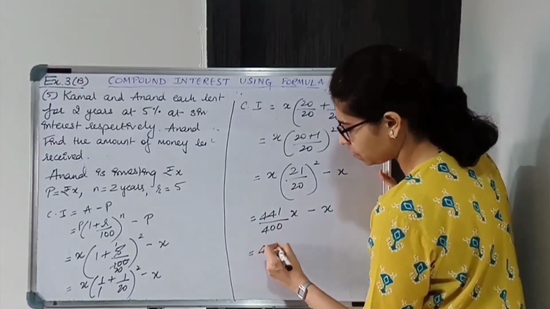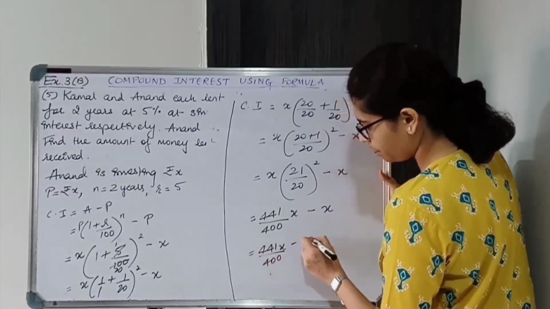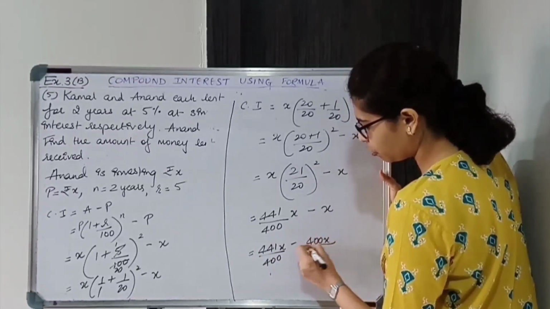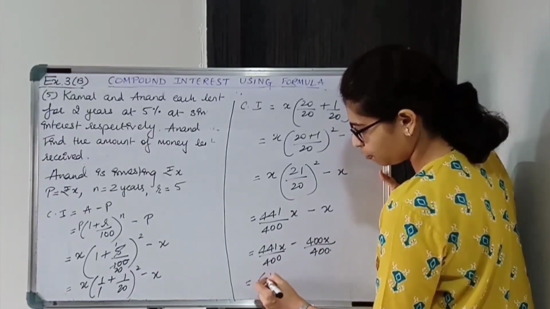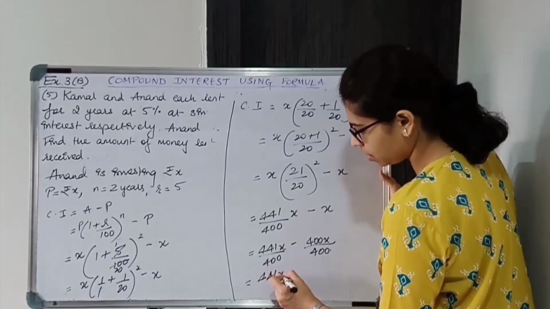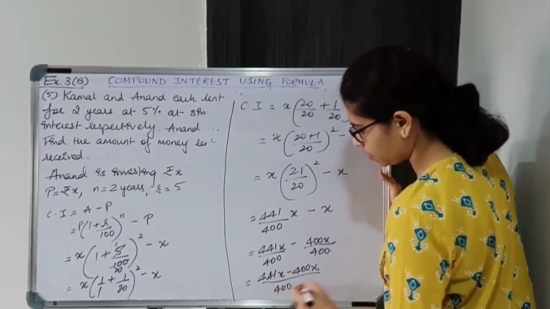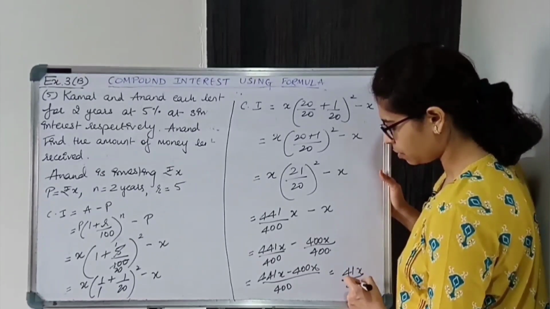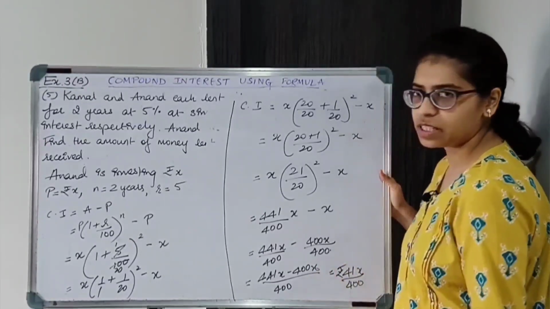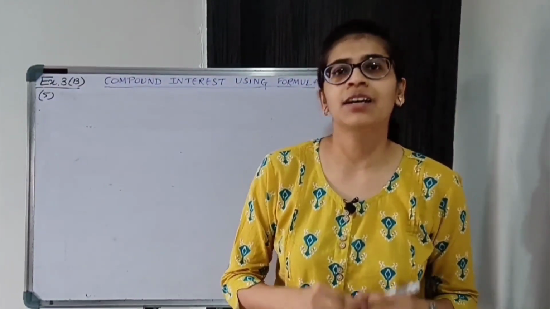So 441x upon 400 minus 400x upon 400. So we get 441x minus 400x upon 400. So that is nothing but 41x upon 400 rupees.